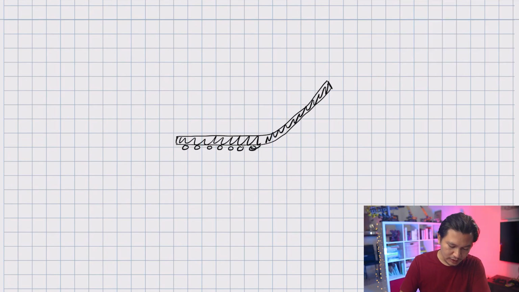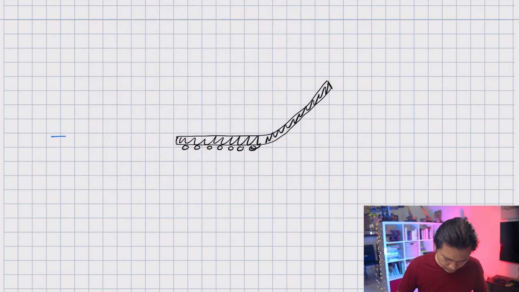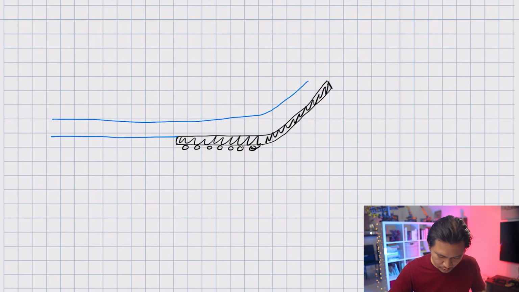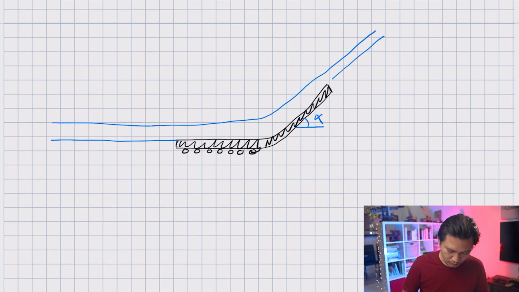If we have a water jet coming from the left, let's draw this in blue. This is your water jet, and of course, this water jet is going to deflect together with the deflector. Let's say that the angle of the deflector is alpha. Now, let's take a look at what happens to the velocity components. The jet velocity, that is the velocity of the water, is called V1, and this deflector is moving to the right with the velocity of VB.